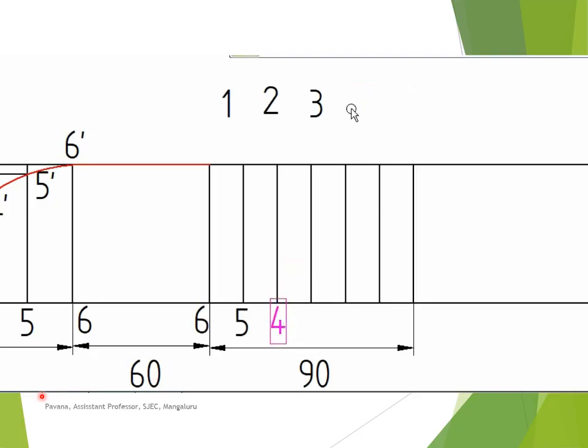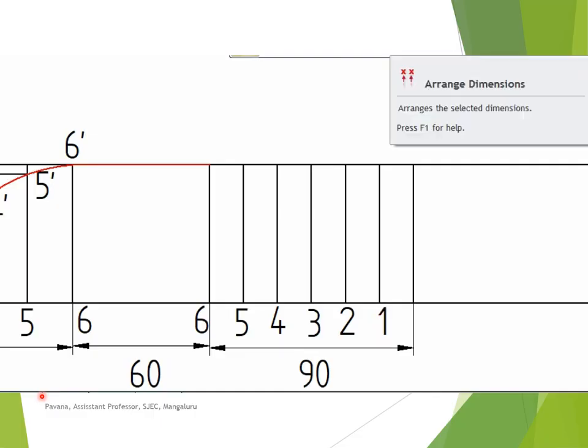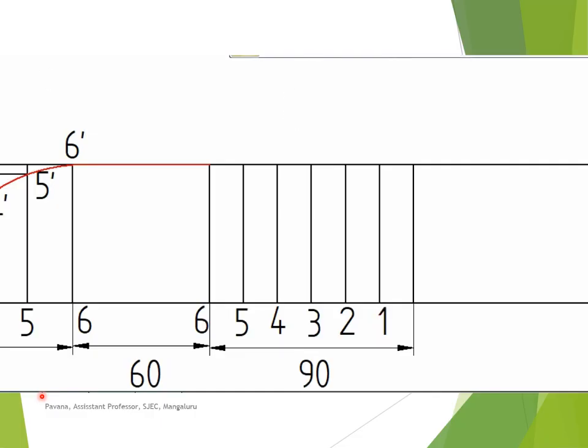The follower is at the topmost position, so it has to come back. So 2, 1, last one is 0. You can write 0 at the first point. Next step is, out of these 6 lines, select the middle one, that is the third line, 3 parts on either side.